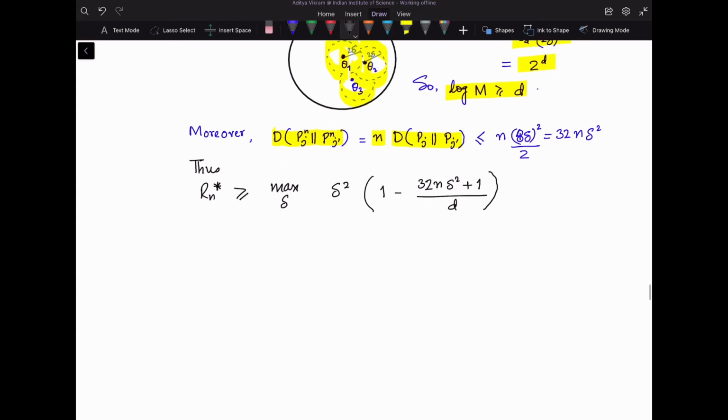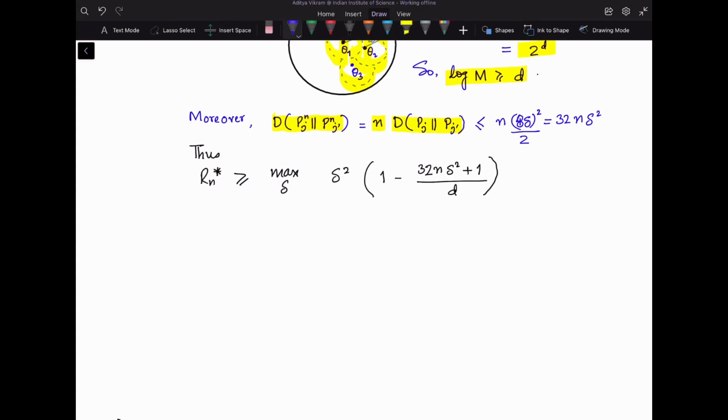Now we will choose delta to make the term inside constant, say 1 by 4. Which means we want it to be greater than or equal to 1 by 4, which means we want 32 n delta square plus 1 by d to be less than 3 by 4. And 3 by 4 can be written as 1 by 2 plus 1 by 4.